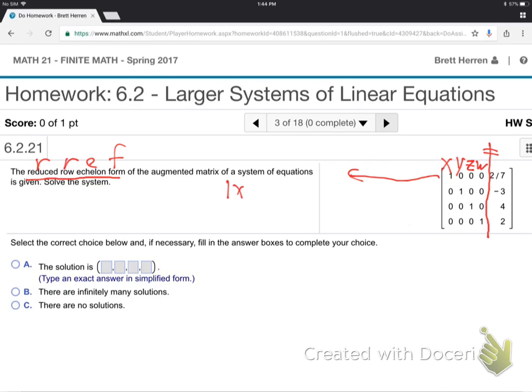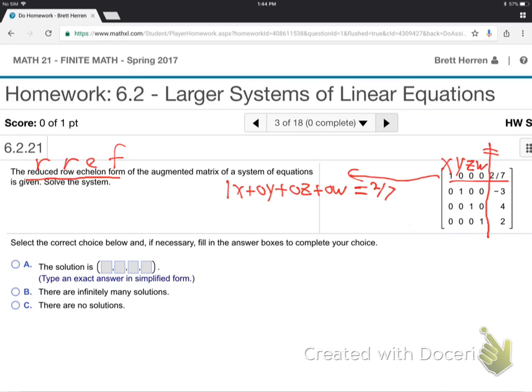It's saying 1x plus 0y plus 0z plus 0w equals 2/7. Do you see how that's what that top row is saying? Everybody see what I'm doing there, right? 1x, 0y, 0z, 0w equals 2/7. The numbers on the right are what they equal.